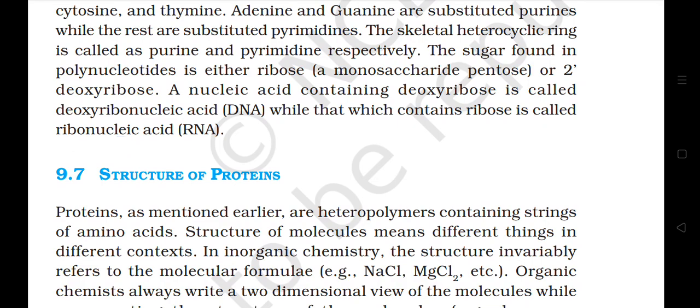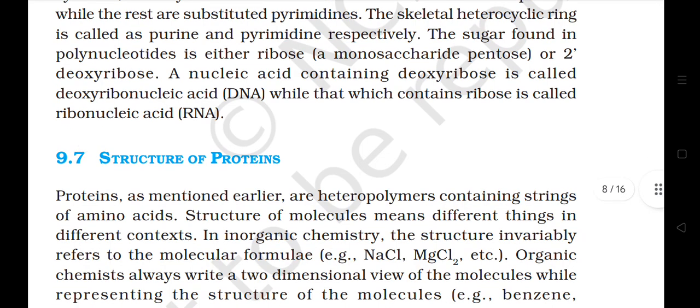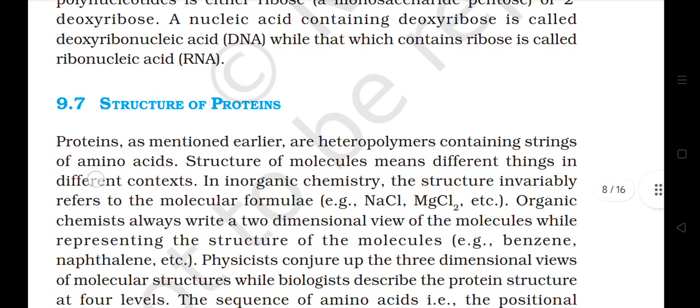The sugar found in the polynucleotides is either ribose, a monosaccharide pentose, or 2'-deoxyribose. A nucleic acid containing deoxyribose is called deoxyribonucleic acid, DNA, while one which contains ribose is called ribonucleic acid.